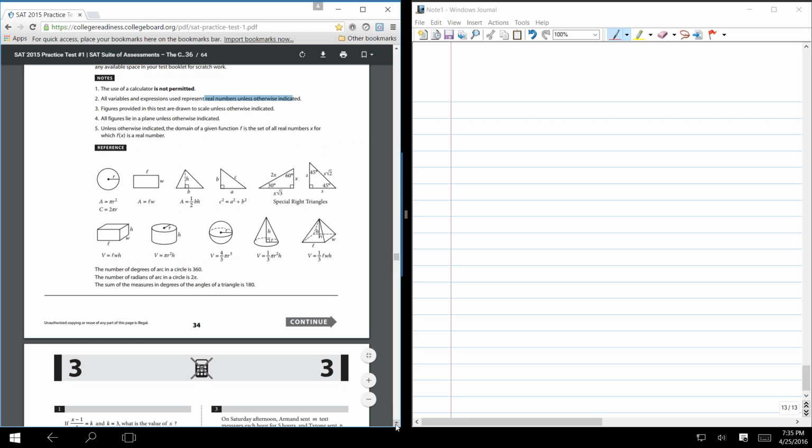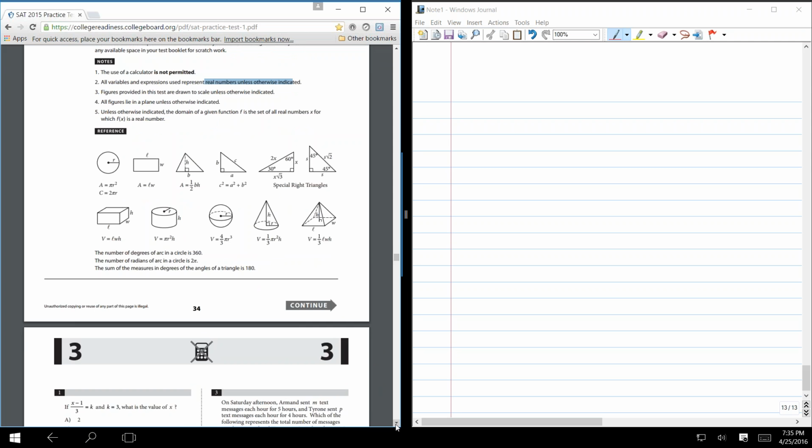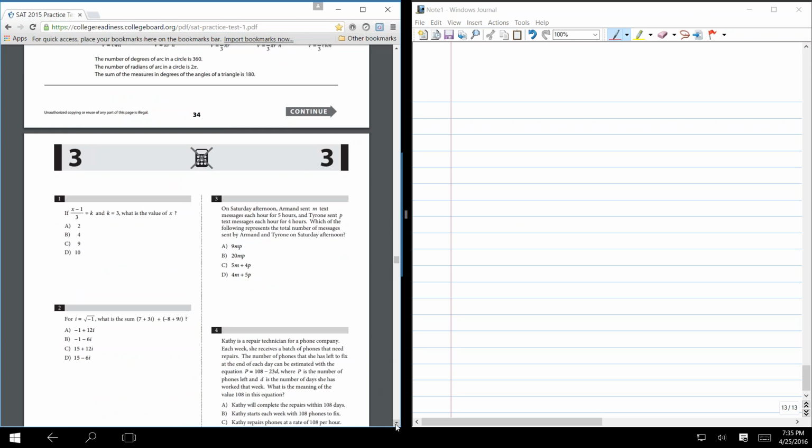Awesome. Okay. Now this practice test here is from the company that makes the tests. You can buy lots of booklets that have practice tests in them.